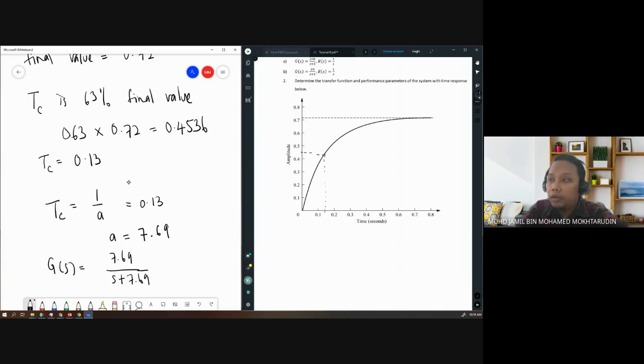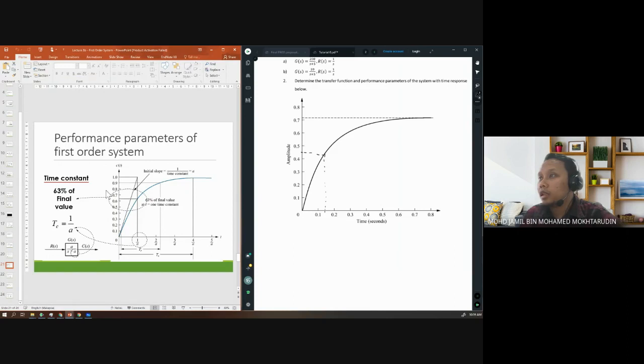Because if you look at this transfer function and the original graph, it is when the steady state value equals 1. But here the steady state value is 0.72.